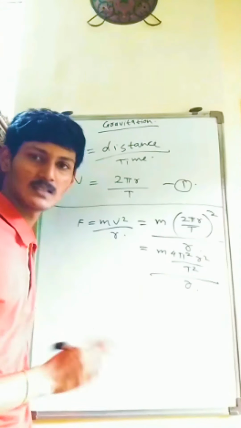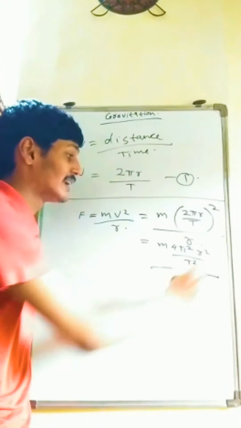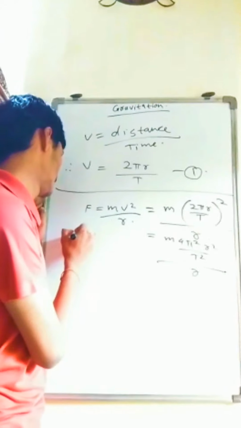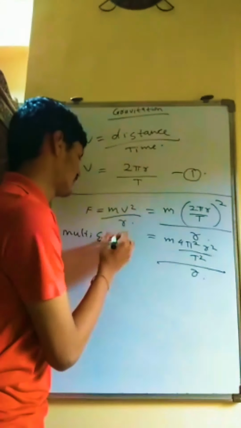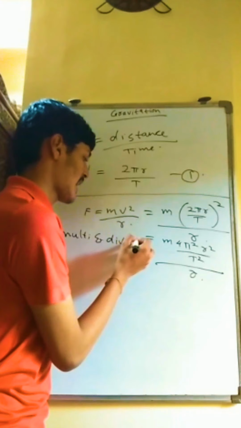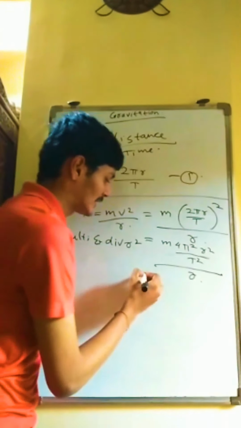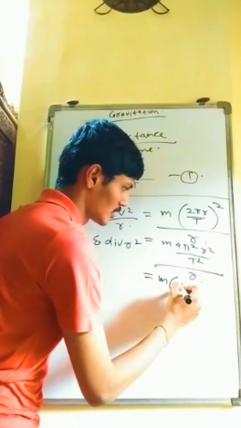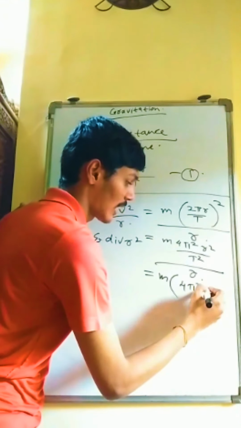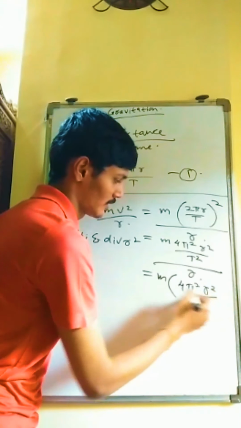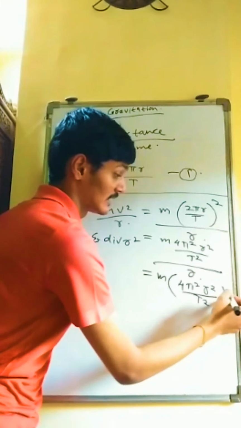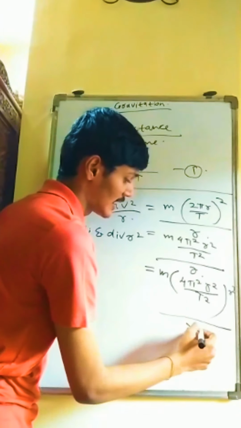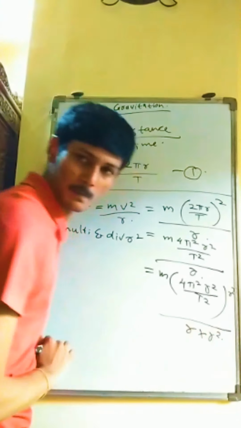Now this r is remaining separate, correct? So we will multiply and divide this whole equation by r square. So what we'll get further: m 4 pi square r square upon T square into r square, correct? And below we have r multiplied by r square.